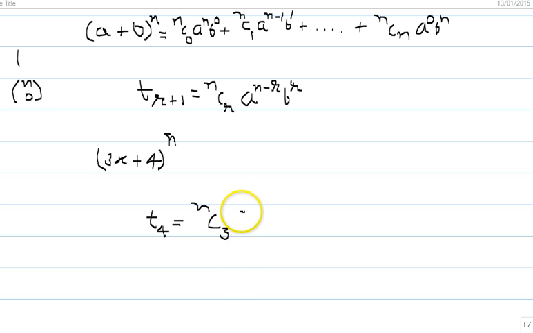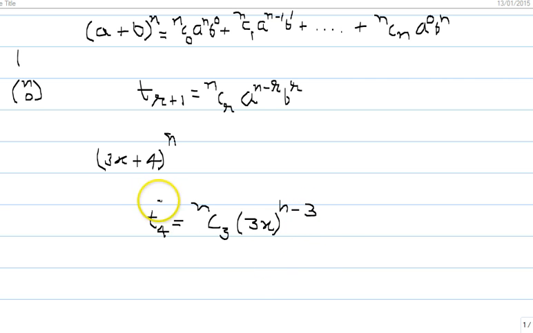nC3. Now the first term is 3x, so I will write 3x first, and the first term is going to take power equal to the difference of the superscript and the subscript. So the power over here is going to be n minus 3.